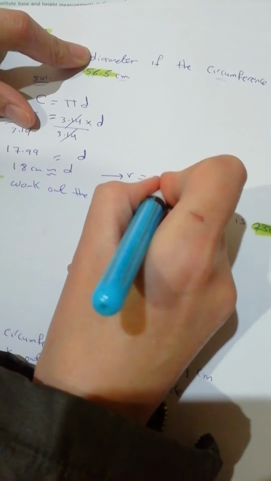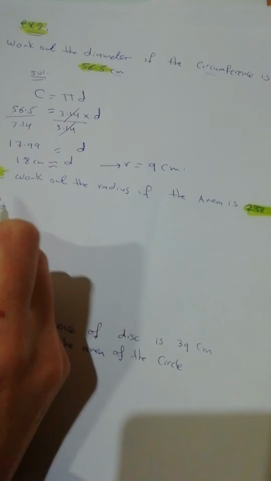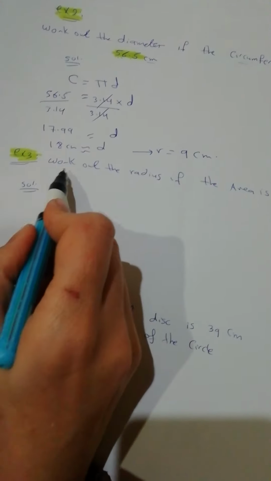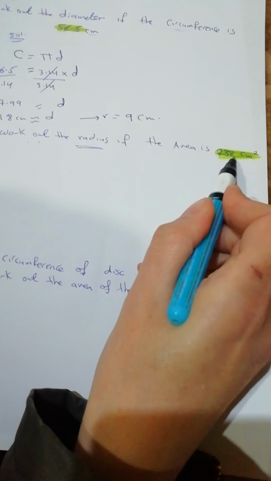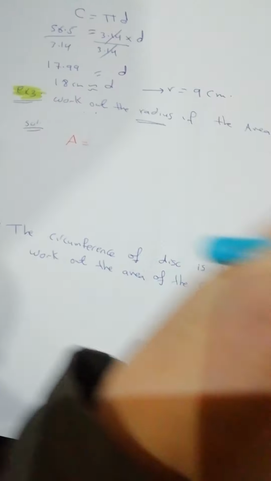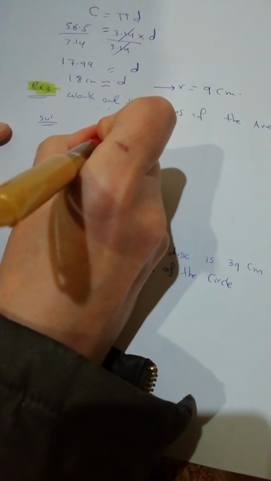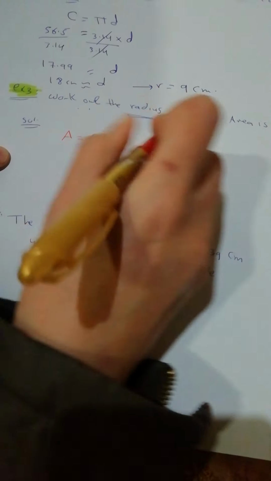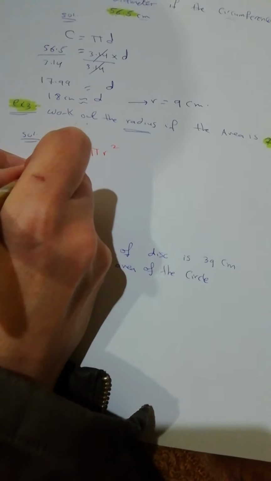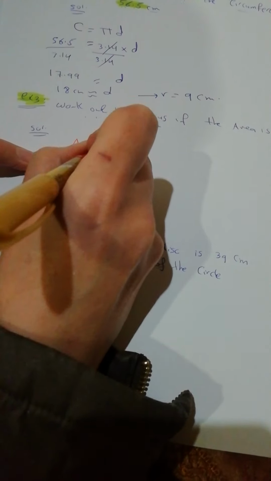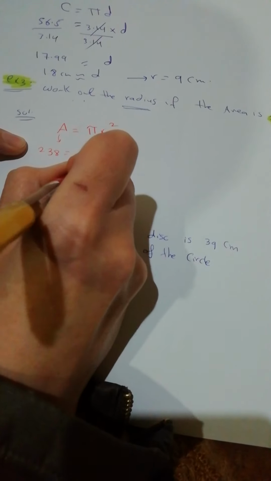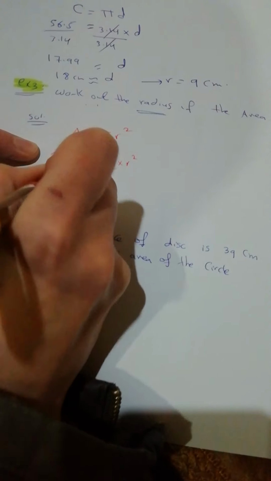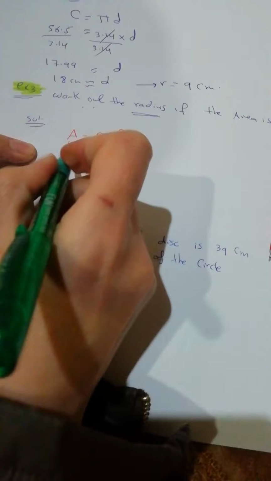The third example, work out the radius if the area is 238 centimeters squared. Now the area equals pi r squared. Now the area is, from the question, 238 equals 3.14 times r squared. Divide both sides by 3.14, 3.14 cancelled with each other.